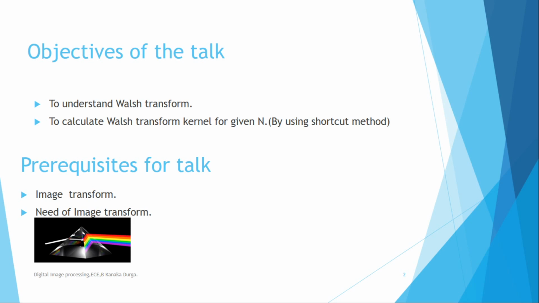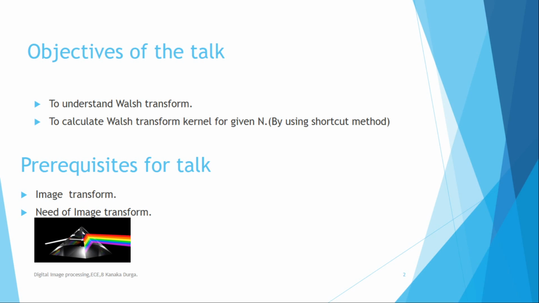Transform is a mathematical tool which is used to convert from one domain to another domain. Normally, the signals and the images are available in nature in terms of a time coordinate system, that is, the spatial domain. We have to convert those signals or images into the frequency domain.